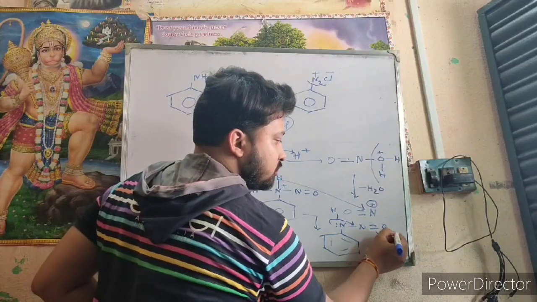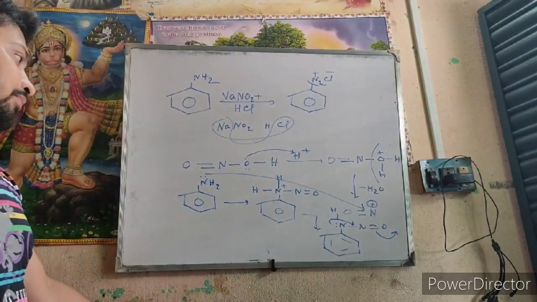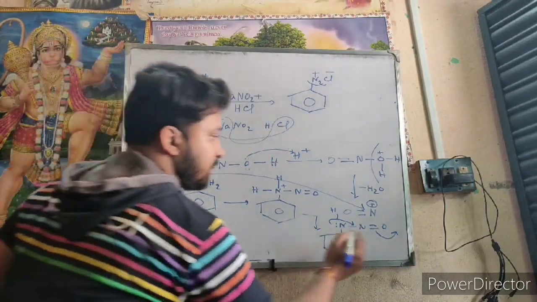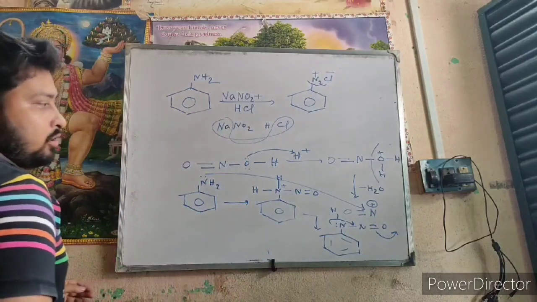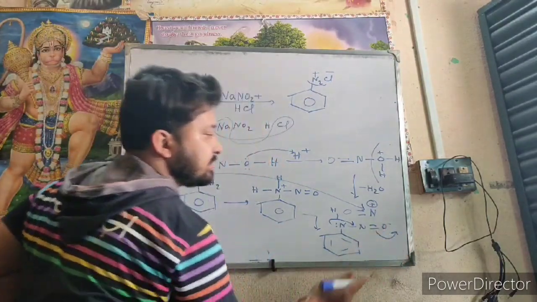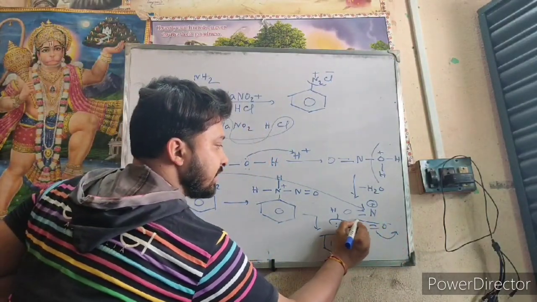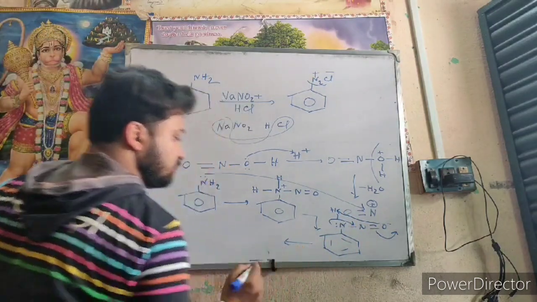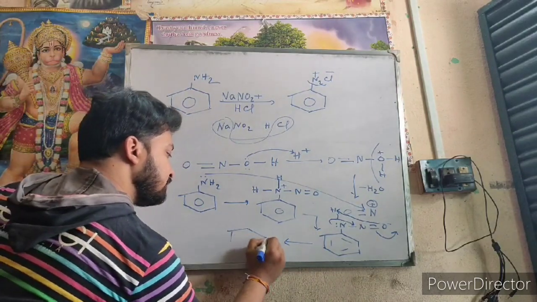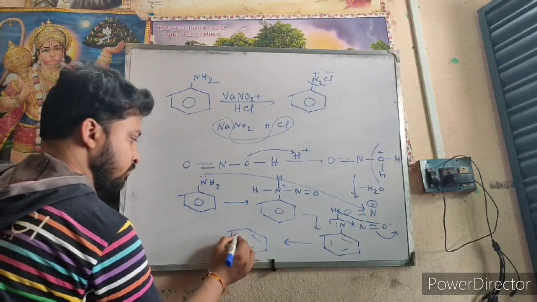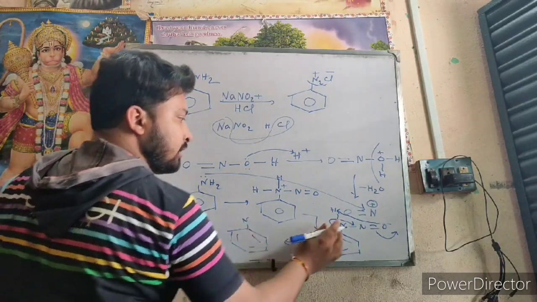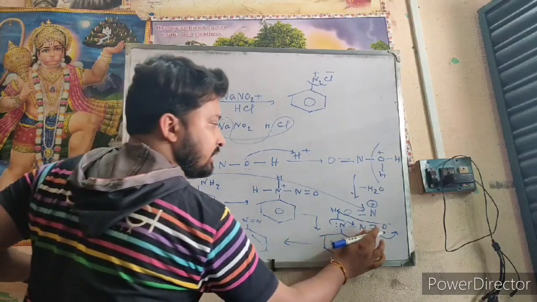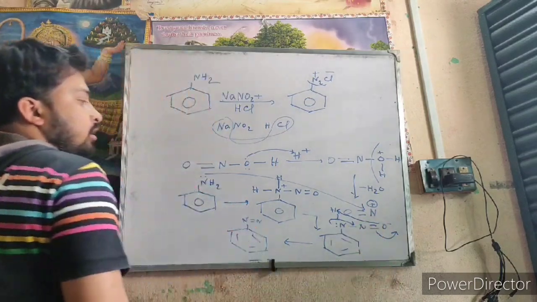Then this loosely held pi bond is broken, and a negative charge occurs on the oxygen. As it is negatively charged, it attacks this hydrogen. So the product is N, which gives its lone pair so a double bond forms here, so N double bond O, and the other double bond is broken.